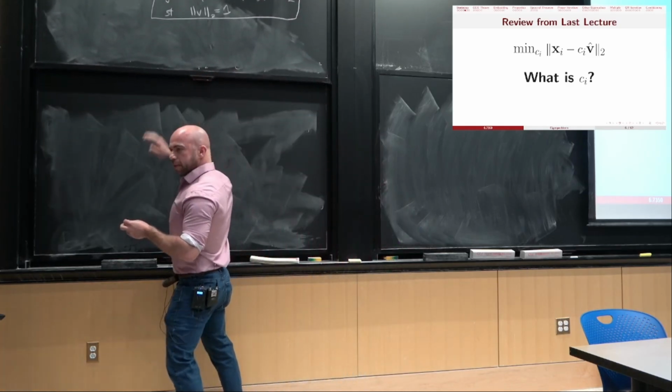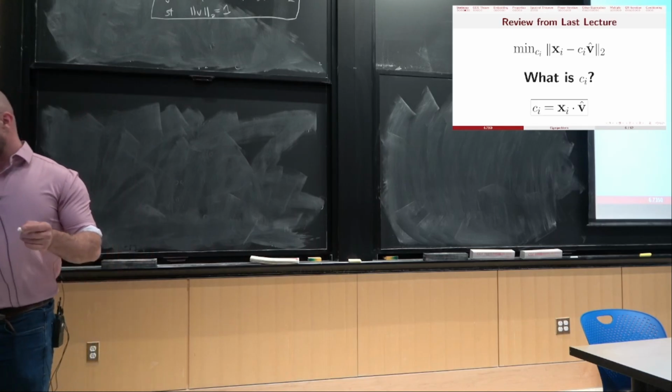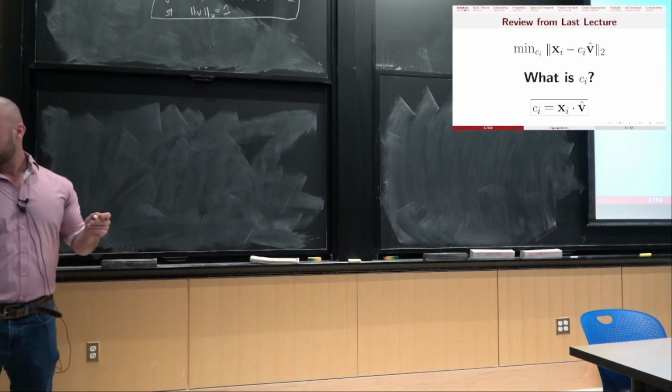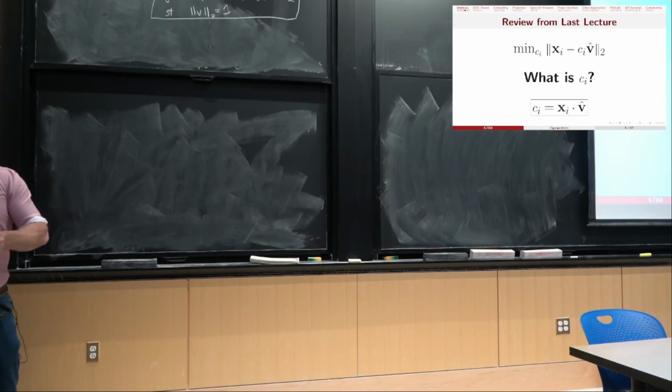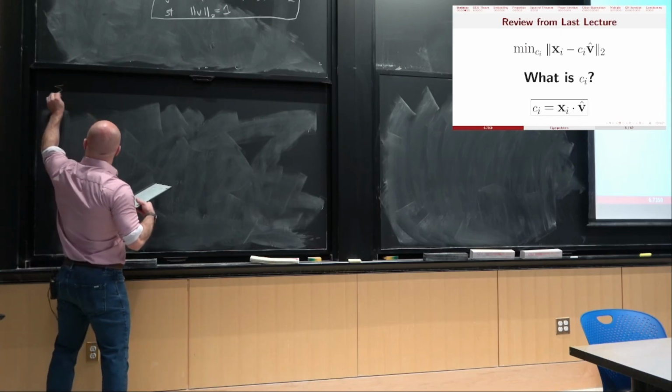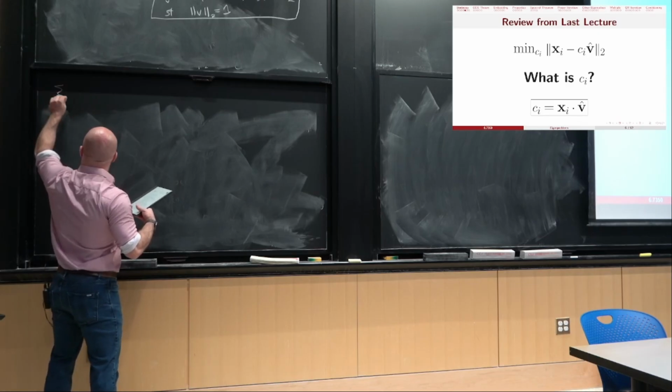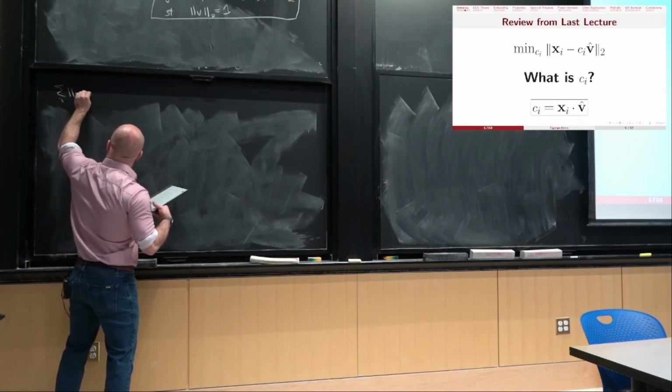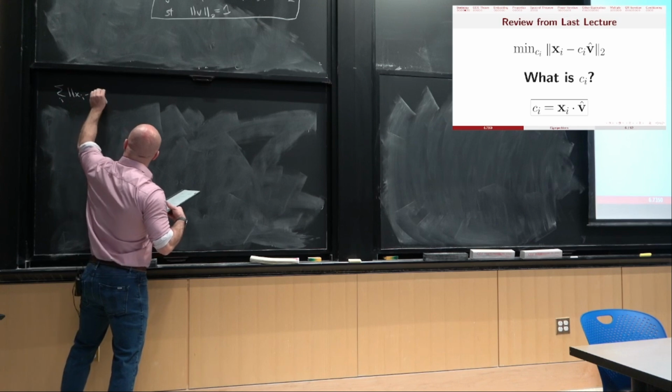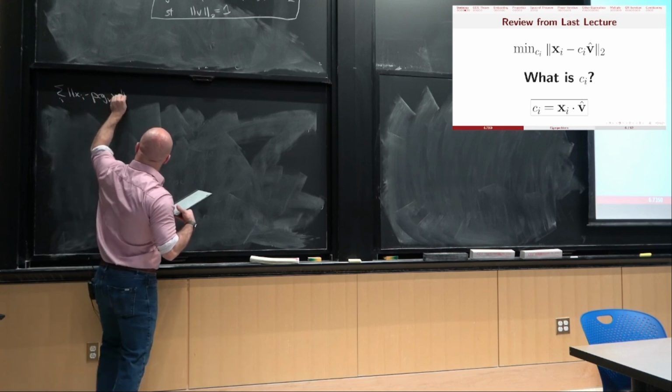So here's our formula so far. Let's do a little bit of simplification. Here's our expression: the sum over all our data points i of x_i minus the projection onto v of x_i, squared.